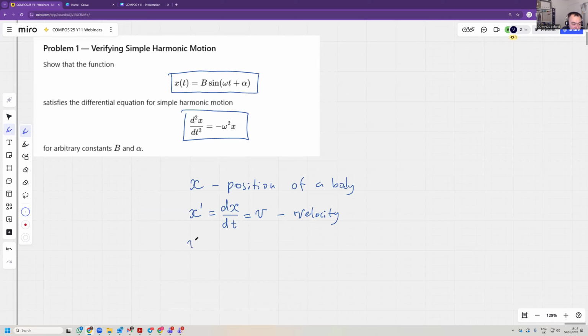And if you differentiate velocity, that is dv dt, the change in velocity divided by change in time. That is acceleration. And it's the derivative of v, but v is x dash, so it is x double dash.